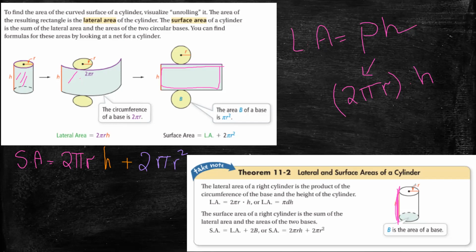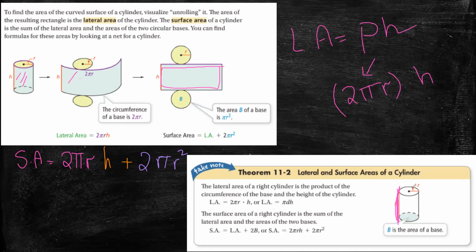So for the cylinder, it's so easy. If I need to find the surface area, I just need r, the radius of the circle, and the height. If I have r and h, I can find the surface area of the cylinder.